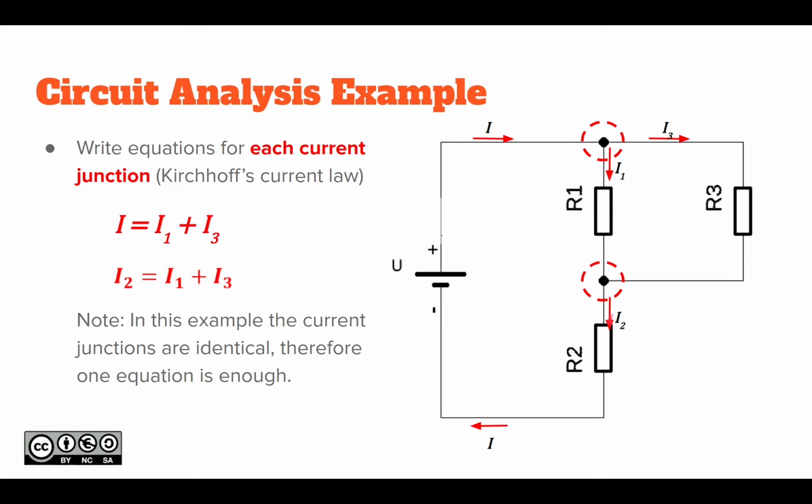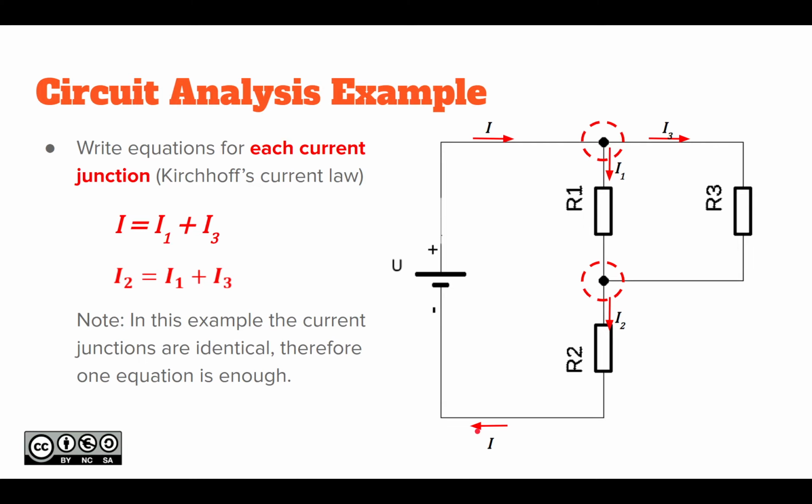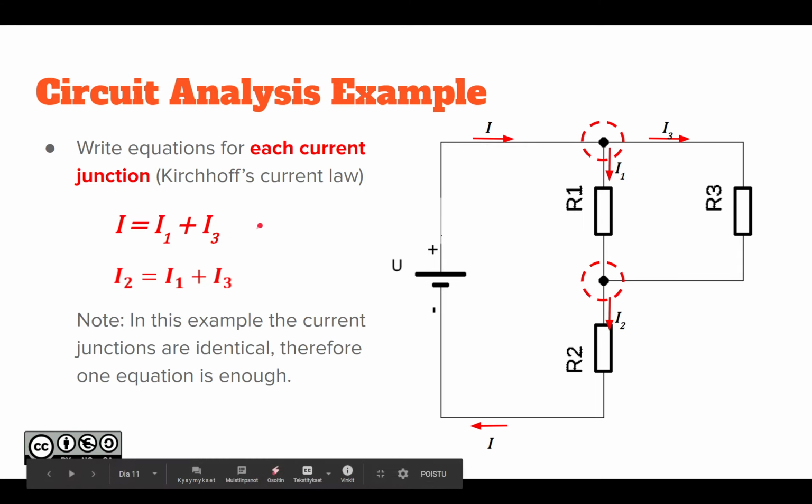So I2 is exactly the same as I, which means these two current junctions give identical information. We don't need both, only one of the equations. Adding another same equation to the equation group would not be a good idea in any case. Okay, so one equation done, which is the top one.